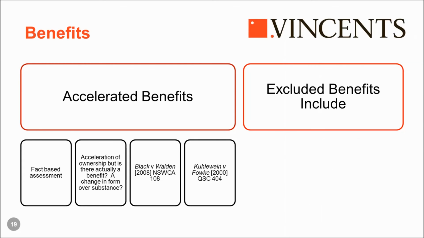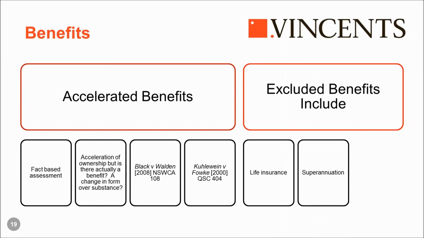There are a couple of other things to remember, that there are some benefits that are specifically excluded. They typically are life insurance, superannuation, and the family home. So if you come across items where, for example, as a result of the death of the deceased, a life insurance policy was paid out, that amount is not offset against the loss of financial dependency.